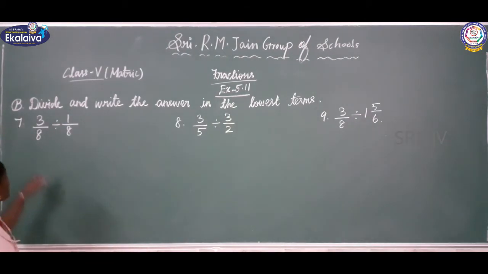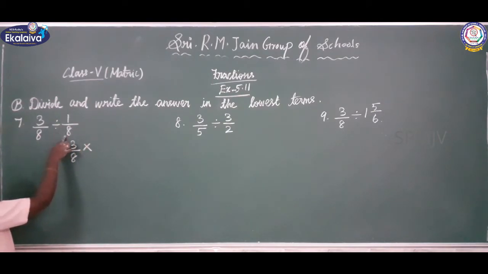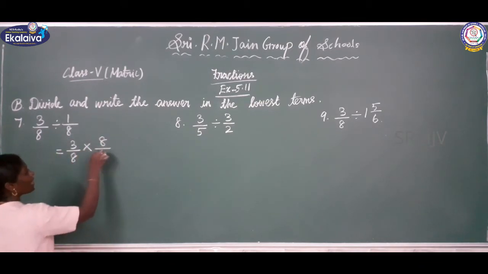The next question, 3 by 8 divided by 1 by 8. Here we are having two fractions. Okay, to divide the fraction 3 by 8 by 1 by 8, we have to multiply the fraction 3 by 8 by the reciprocal of the second fraction 1 by 8. The reciprocal of 1 by 8 is 8 by 1.